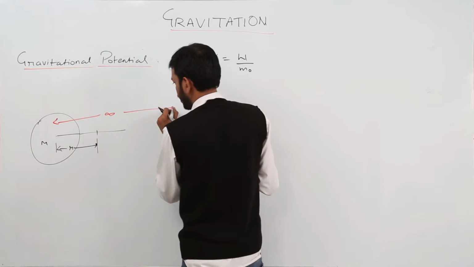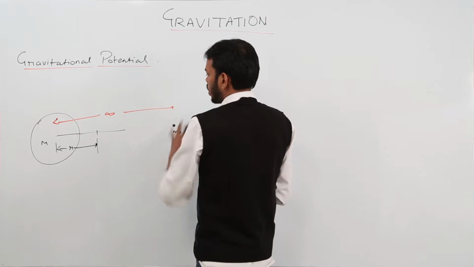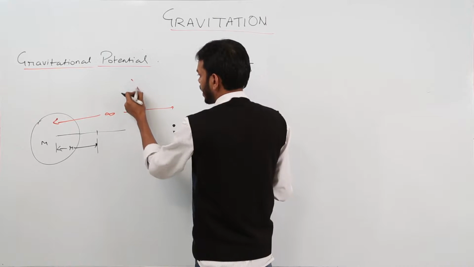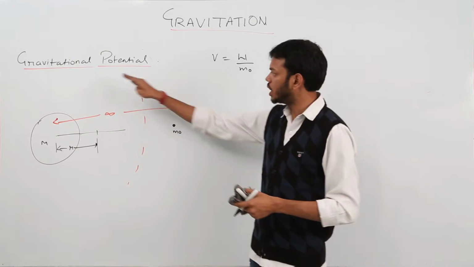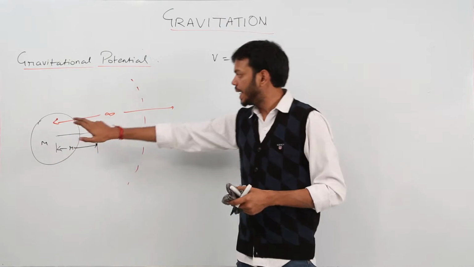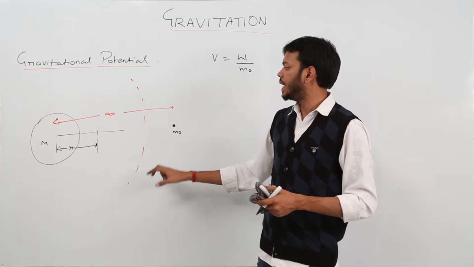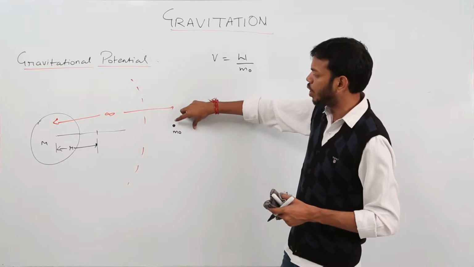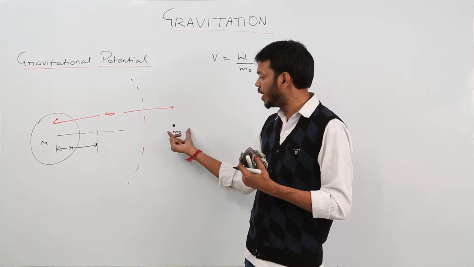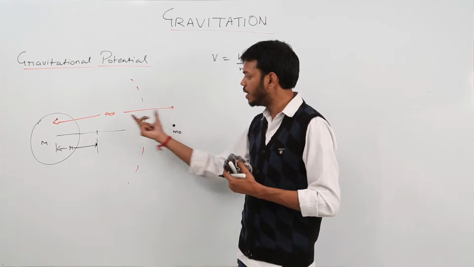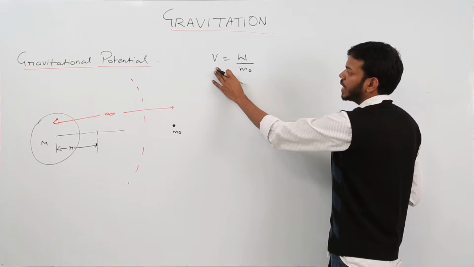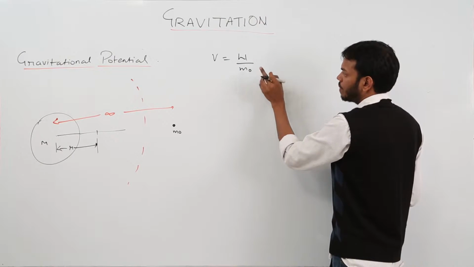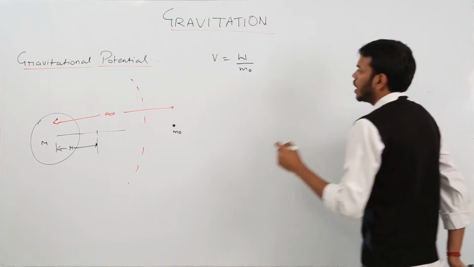Up to this point the gravitational field starts. That is why in the definition we specifically use the words gravitational potential due to a body in the gravitational field, defined as work done in moving a unit mass from infinity to that point. This gravitational potential is represented as V, work upon unit mass.